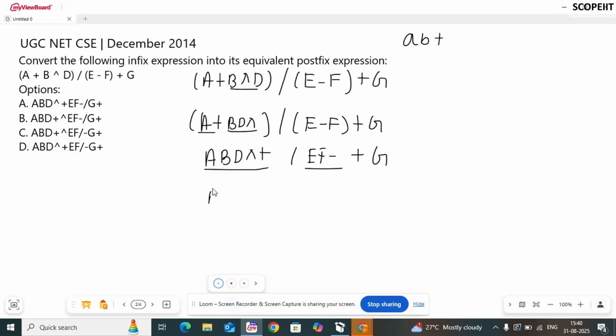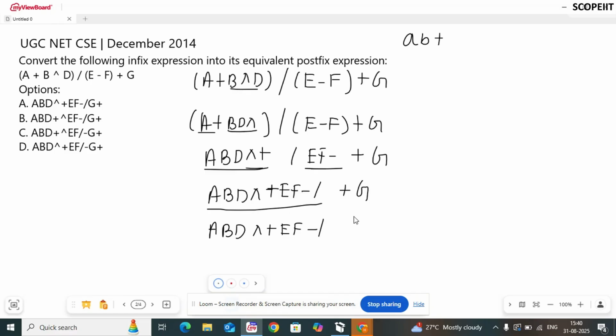So what will happen? It will become A, B, D caret plus then E, F minus. Now this is one term, this is one term. So divide will be at the last. So divide. Now this is one term, plus G. So it will become ABD caret plus EF minus divide and then G, and finally we'll get plus here.